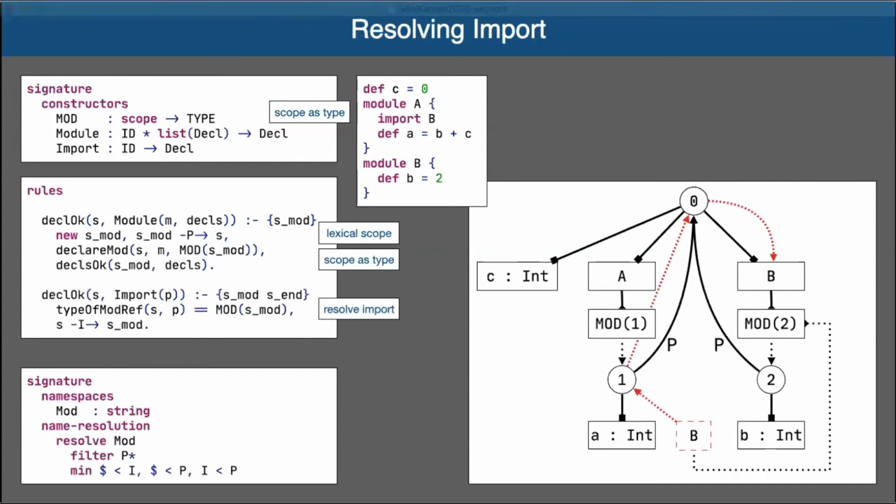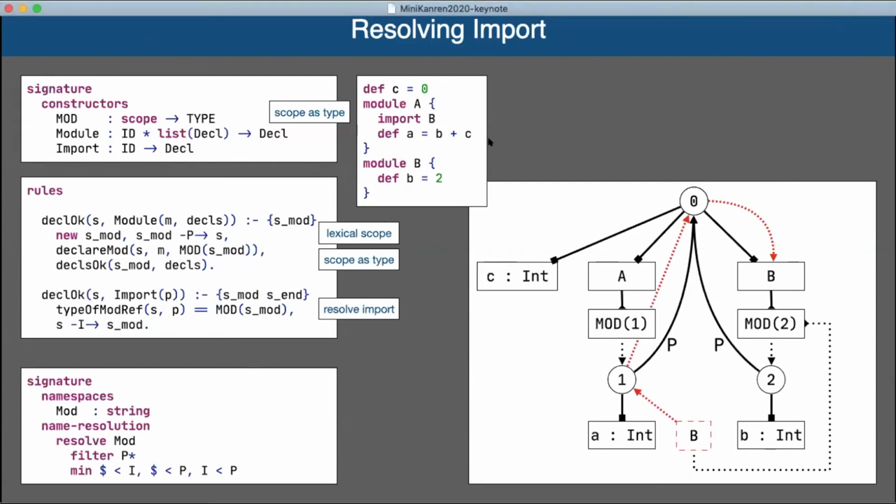Now, in order to implement imports, what we do is, so an import, right, module names are just names in this scheme, and an import refers to a name. So what we do to resolve an import is first we resolve the name B in the scope of the A module. That resolves to this name B, and that name has a type, and that is the associated type of that name, and it happens to be a module.